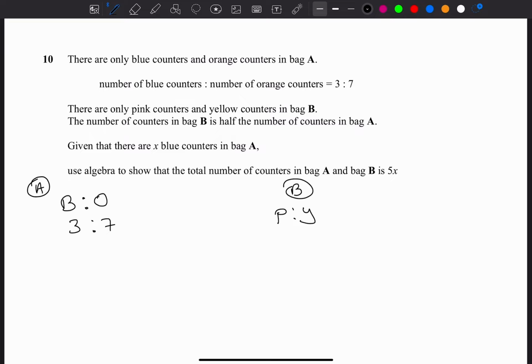Okay, so if this is X amount of counters, to go from 3 to X, you just times it by X over 3, then just times it by X over 3 here. That will give you 7 over 3X. Now they told you that the number of counters in bag B is half the counters in bag A.